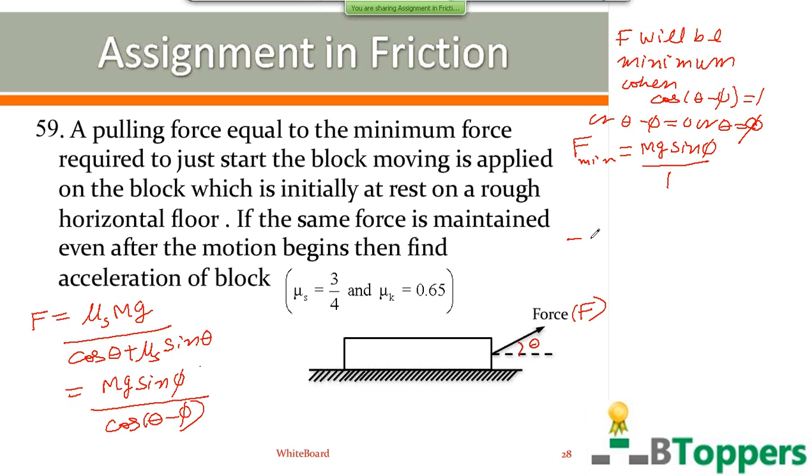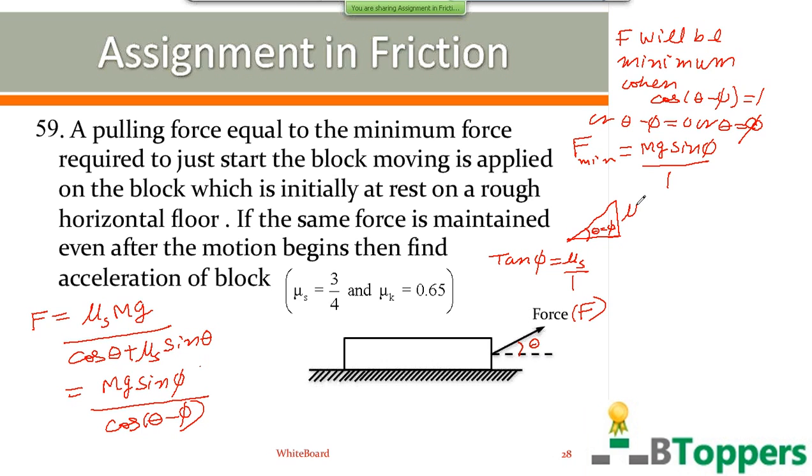To find the value of sin phi, I can construct a right angle triangle with one angle equal to theta or phi, both are equal here. Tan phi is equal to mu s, where phi is the angle of friction between the two surfaces in contact. As I discussed, tan phi equals mu s by 1.